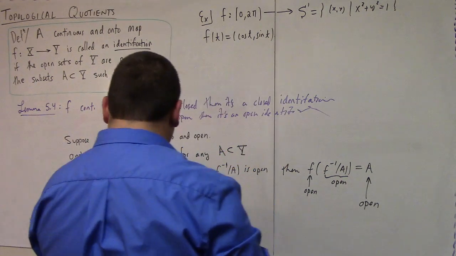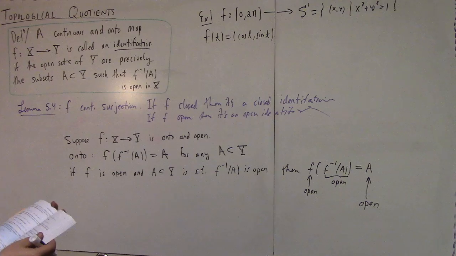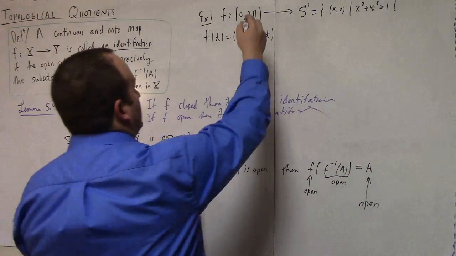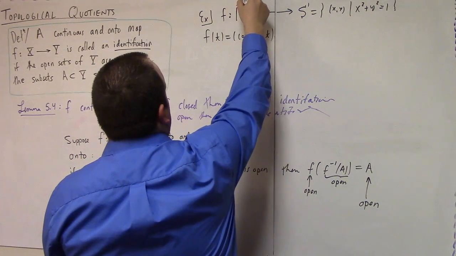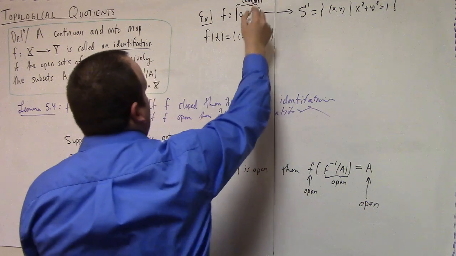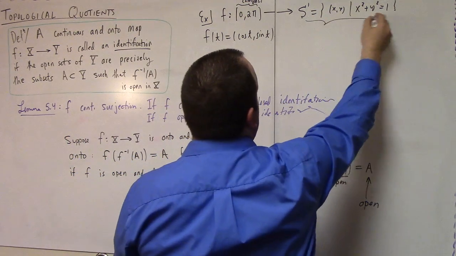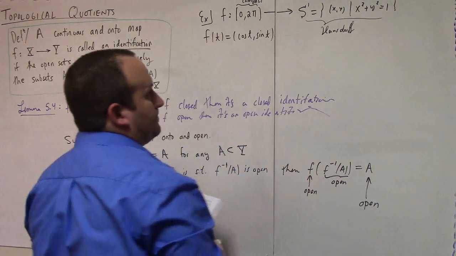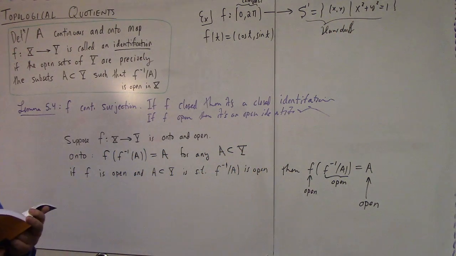He says that this is a closed identification. He says it's continuous, and it's onto, from a compact set to a Hausdorff space, right? This is compact. This is Hausdorff, because you can separate points by open sets.